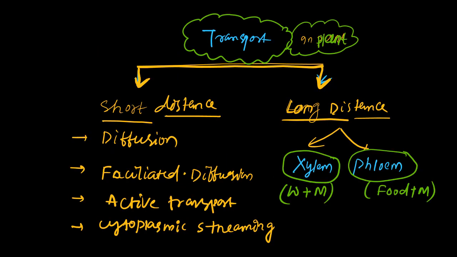So transport in plant is of two types we know, short distance and long distance.